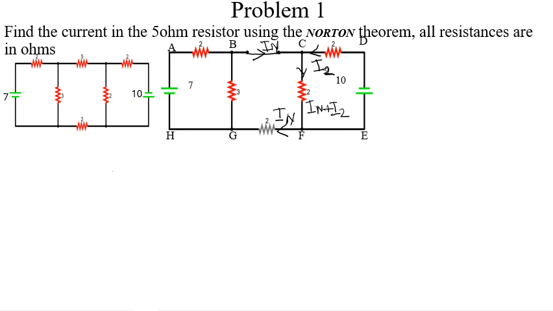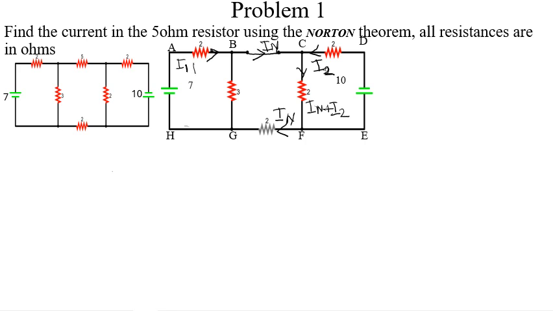And when In gets here, In will also come back here. So let us also name the current passing through this one as I1. But realize that I1 will add up here to come here too.